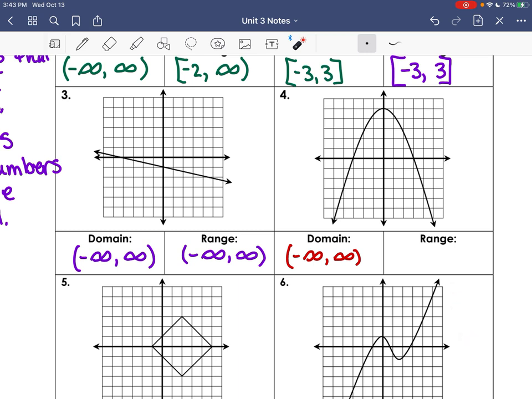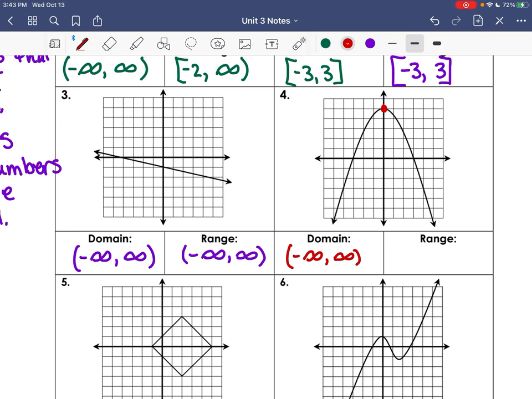The range on this one, though, is a little bit different than the line because it actually has a top. What it's literally doing is coming from negative infinity and going up till it gets to this point, and then turning around and coming back down to negative infinity.